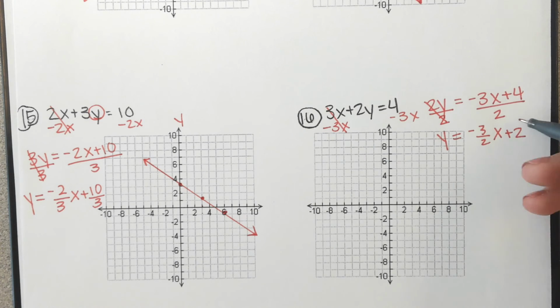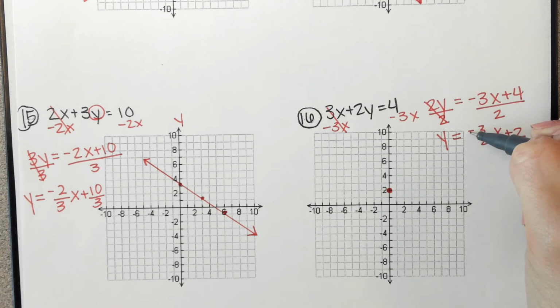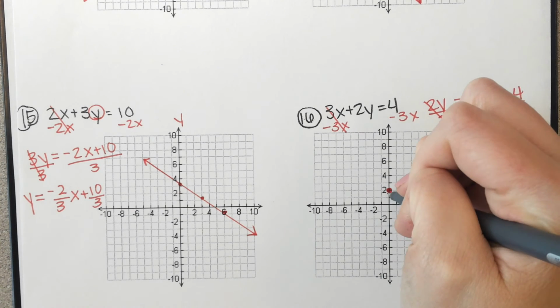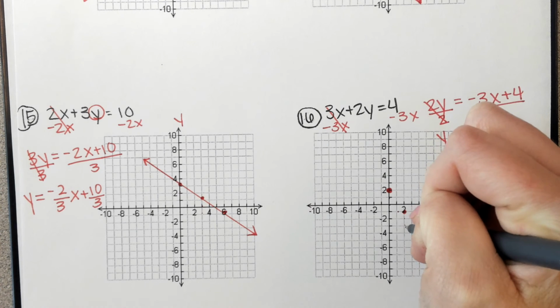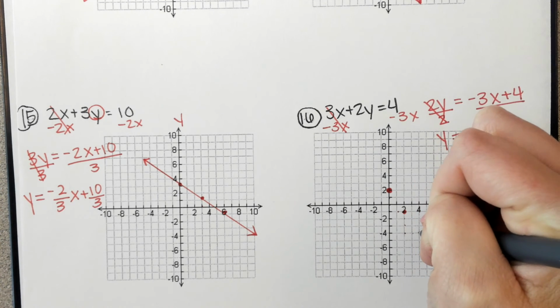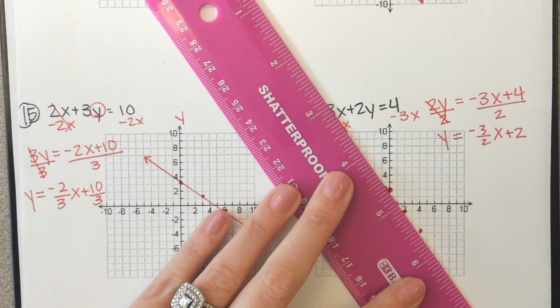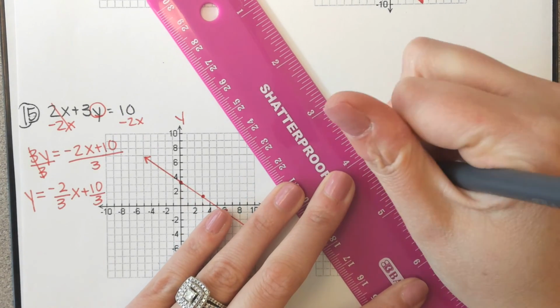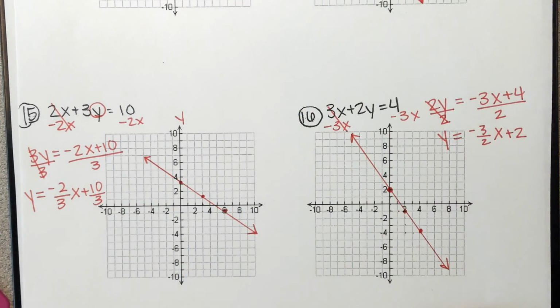Our y-intercept is 2. So we're going to go to 2 on the y-axis. And our slope says go down 3 over 2. So down 3 over 2. Do it again. Down 3 over 2. And we'll make a nice straight line. Okay.